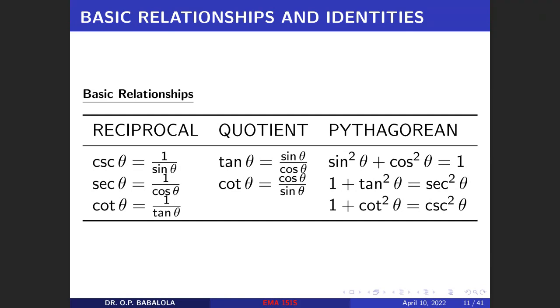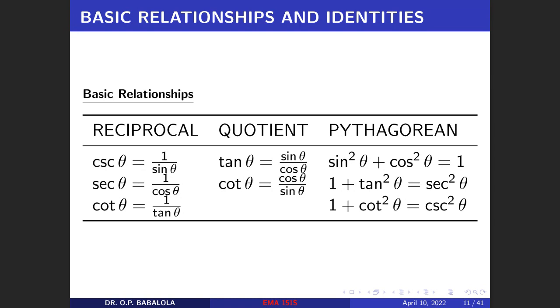Now, you also know the relationship between sine, cos, and tan. If you have tan theta, you can represent it as a quotient: sine theta over cos theta. If you have cot, which is the reciprocal of tan, then you have cos theta over sine theta to represent cot theta. That's a quotient.